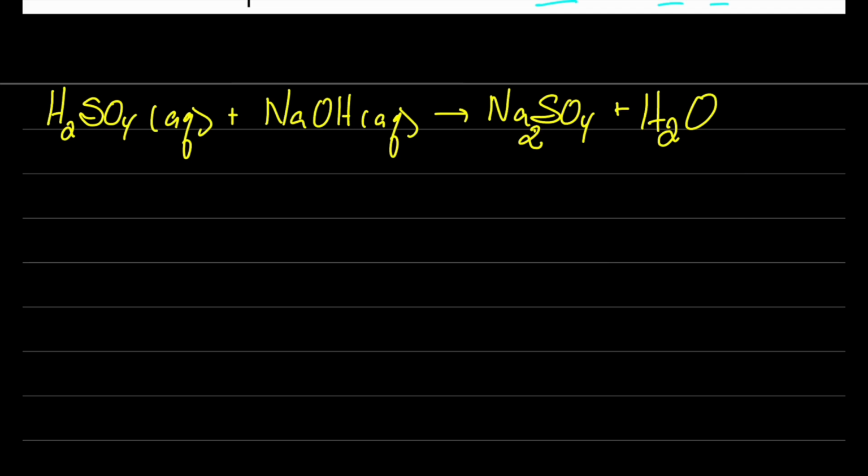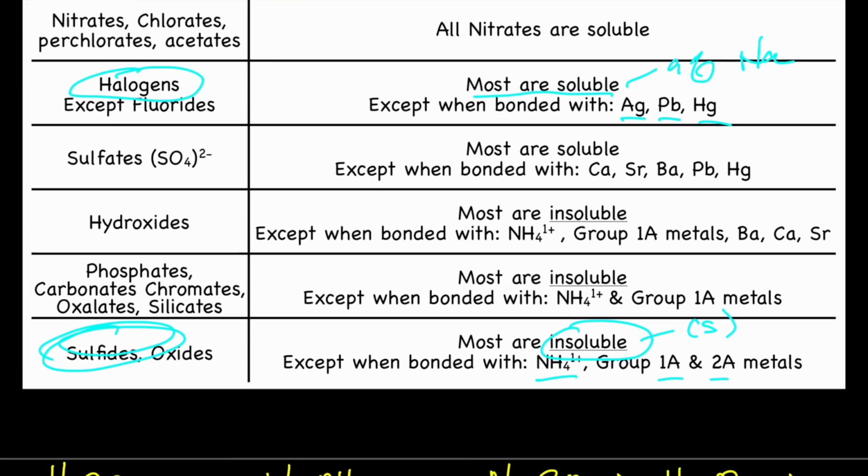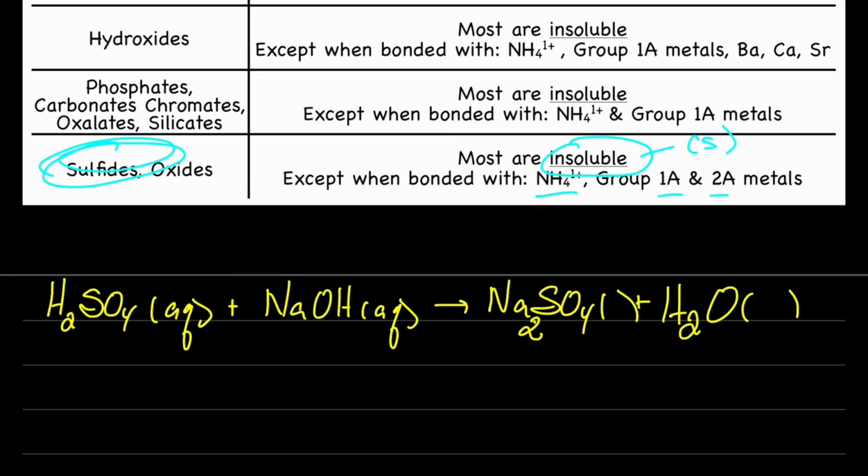Okay, so what we did there is we made water. And I forgot to leave space for my states of matter. All right, so the solubility rules for us, these are all going to be solids, okay, except one thing, and it's not on your solubility rules.